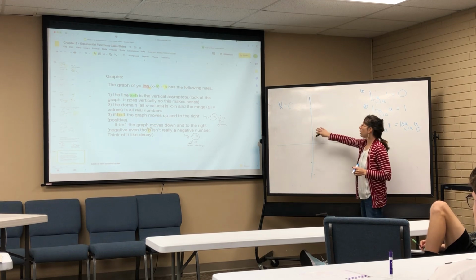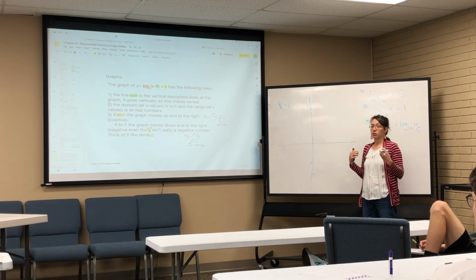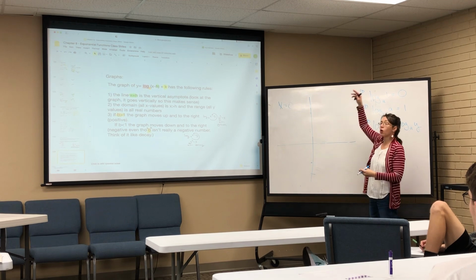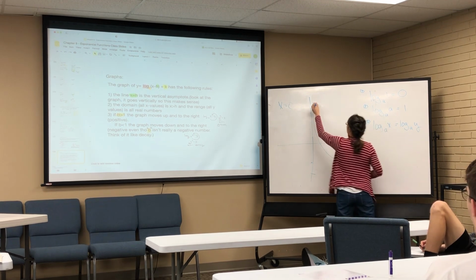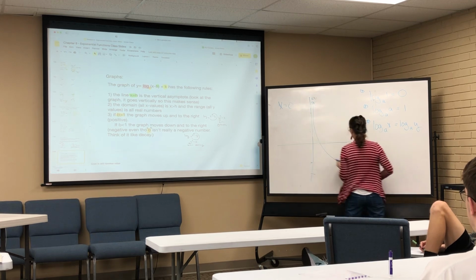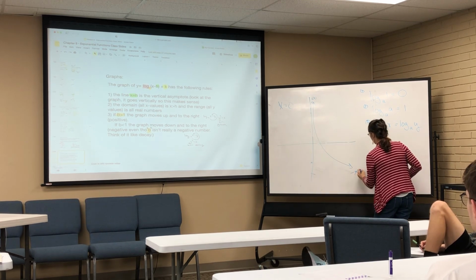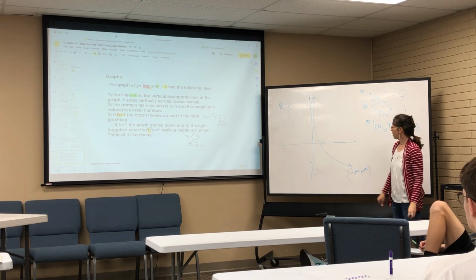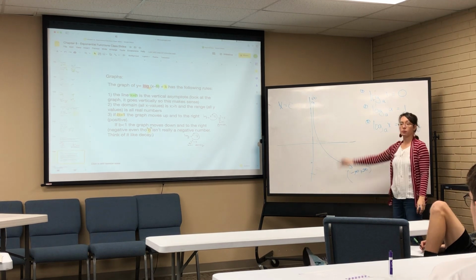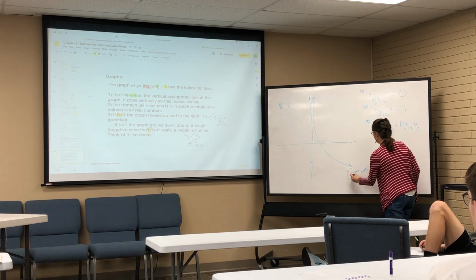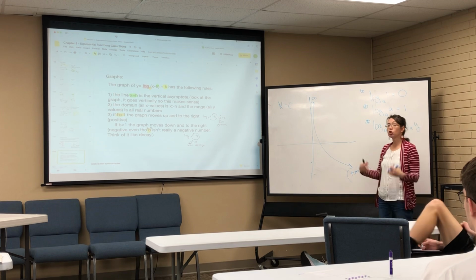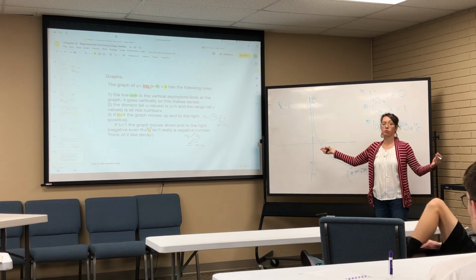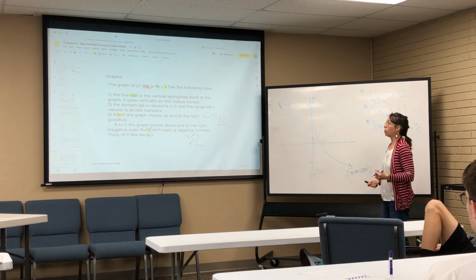For domain and range, range means all of our y values. If I have a graph that looks like this and it's going to infinity, how many y values are going to be used? All of them. So the range is usually all real numbers for logarithms.